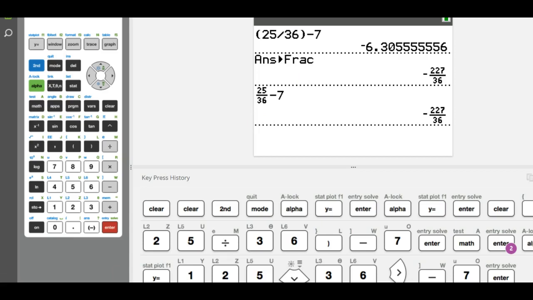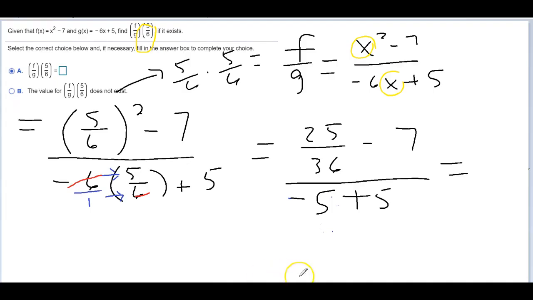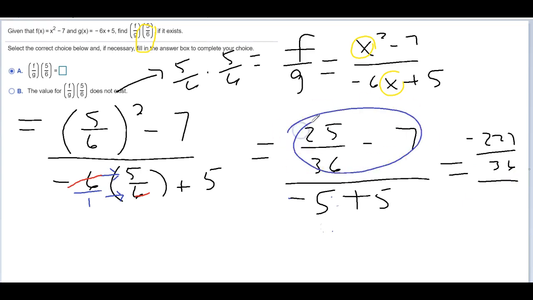Okay? All right, so we have negative 227 over 36. Let's go back to the other screen. Okay, so negative 227 divided by 36. That's our numerator. That's what this simplified to, okay?